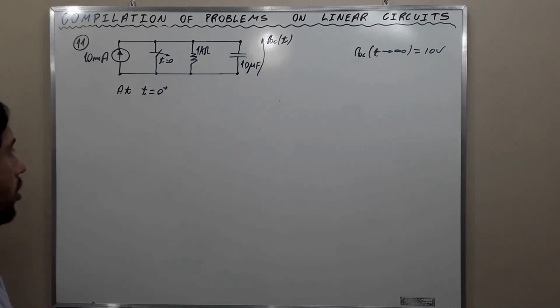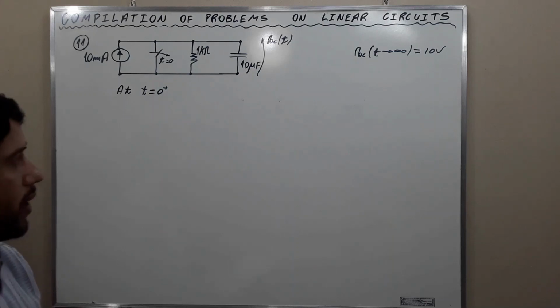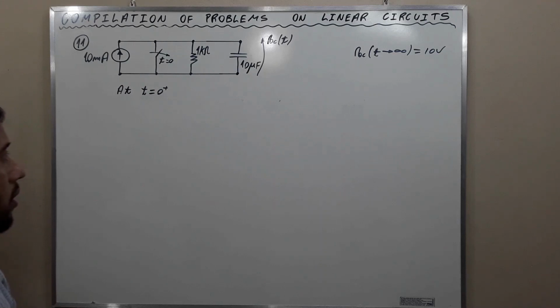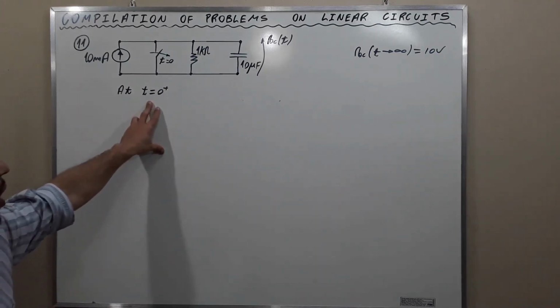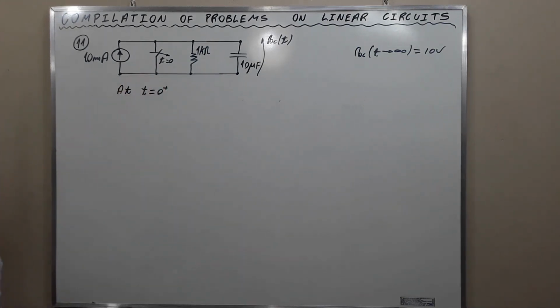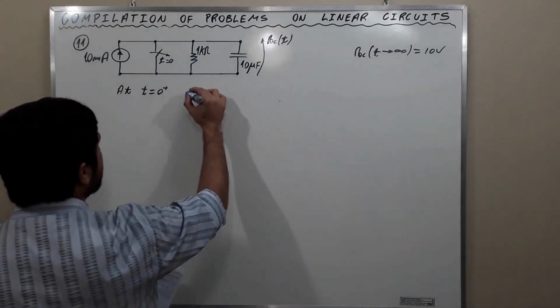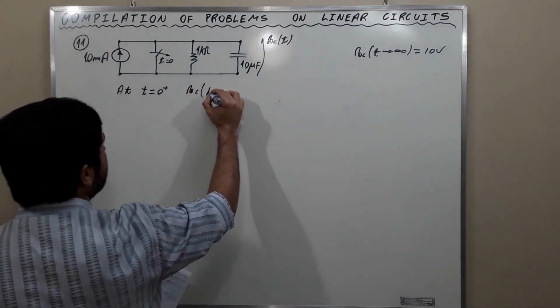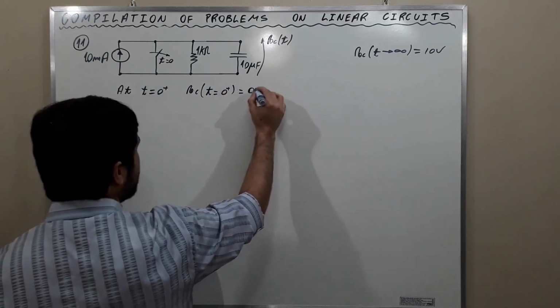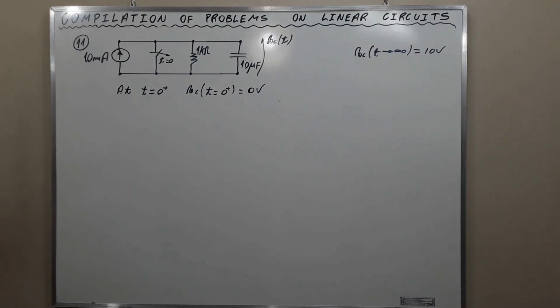So, in a steady state, the capacitor behaves as an open circuit. However, immediately after we open the switch, the capacitor behaves as a short circuit. And we can confidently say that Vc at t equal to 0 plus is equal to 0 volts. Okay?